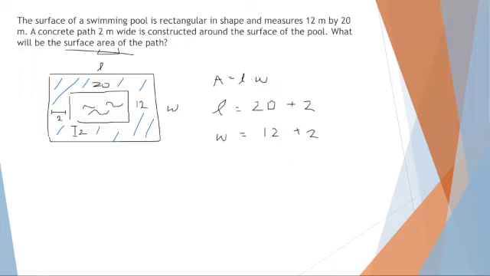The length and width of the swimming pool is 4 less than the length and width of the concrete path. Right. So on both sides it is 2 less, so actually you'll have to add 4.